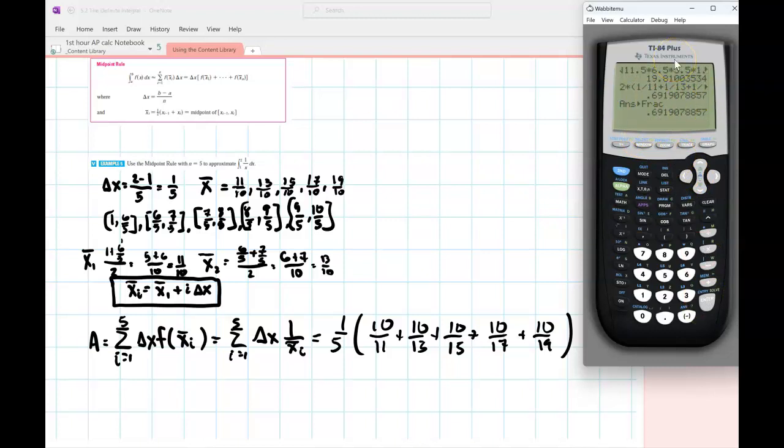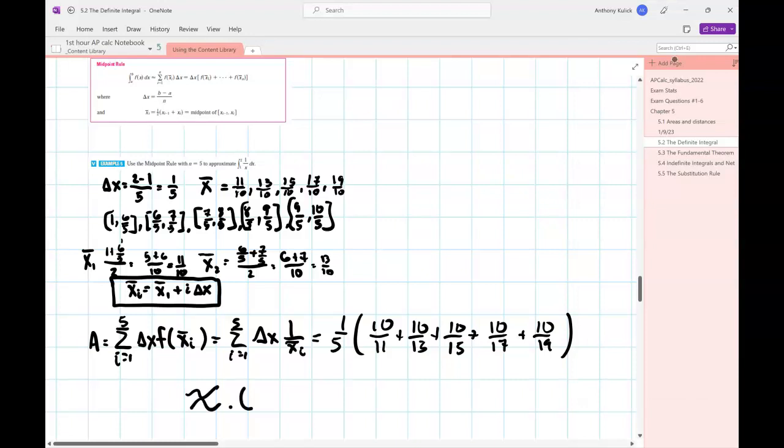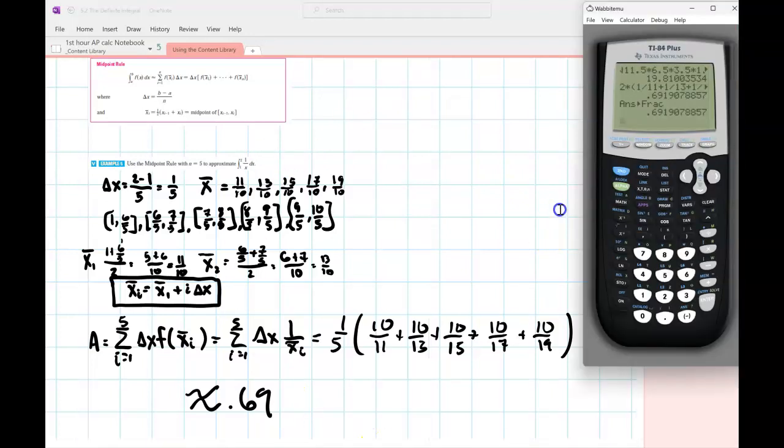About 0.69 is good enough. It's an approximation anyways, who cares? I really thought that would still output a fraction, but it didn't want to. I guess it wouldn't be hard to come up with the fraction, but it's going to be a big fraction.